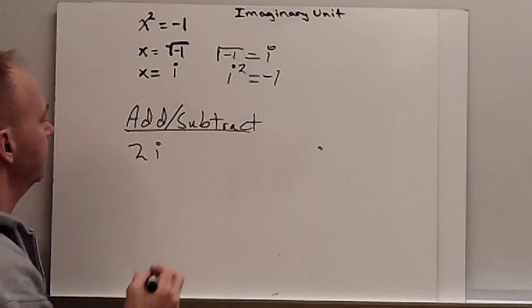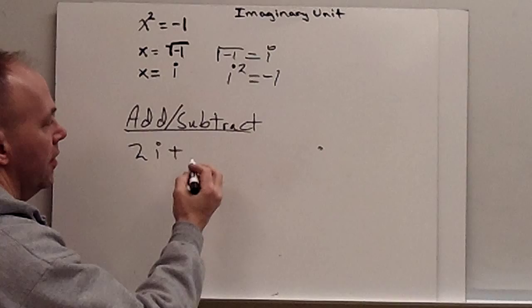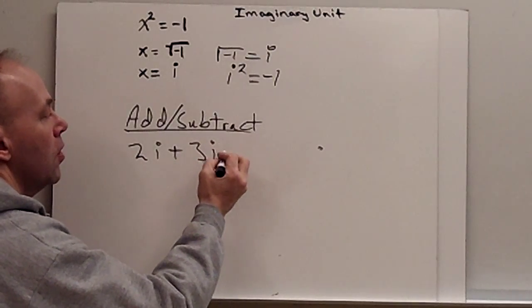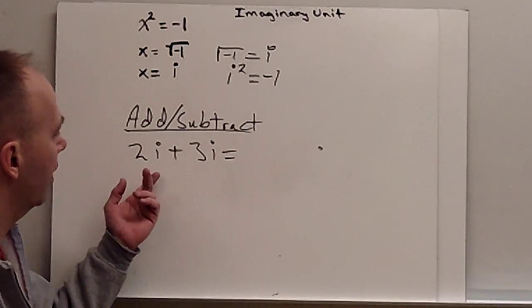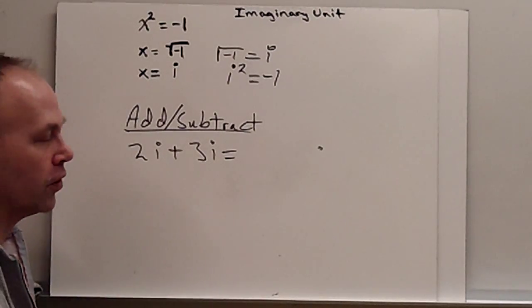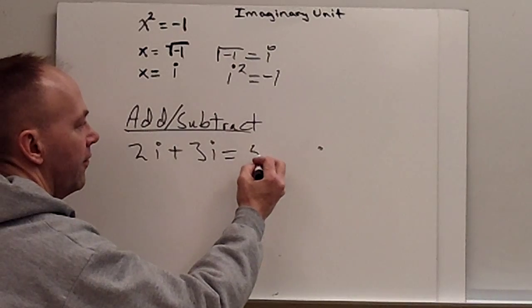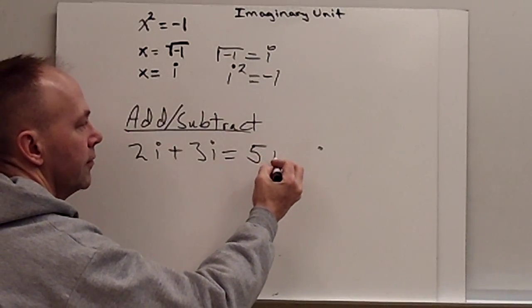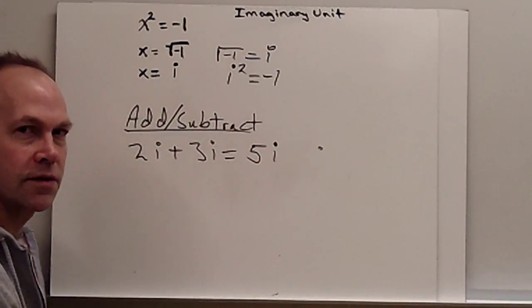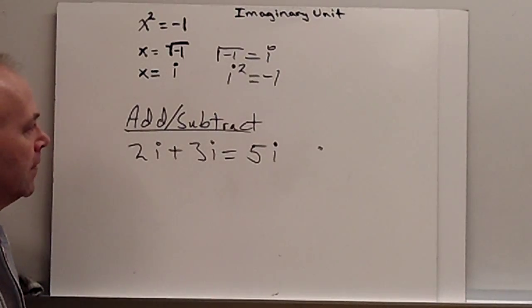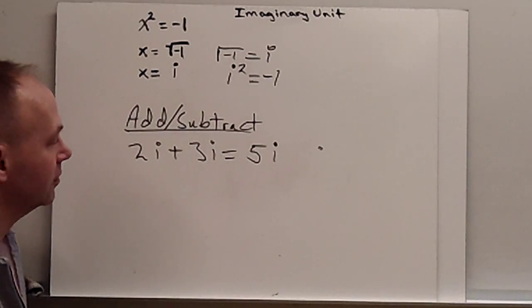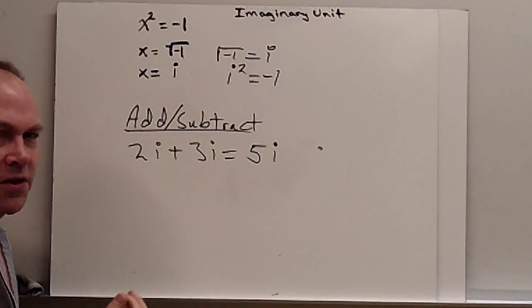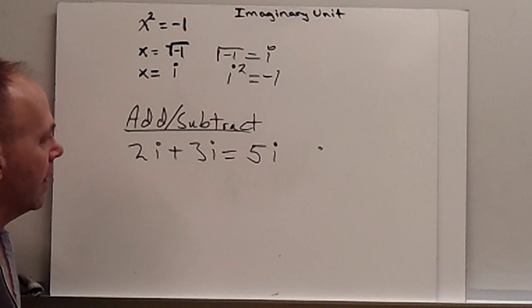If I have 2 i's, and I add 3 i's to it, what do I have? Well, it's like adding x's. I've got 2 x's, I get 3 more x's, I got 5 x's. I have 5 i's. Sounds kind of strange to say. So adding and subtracting with imaginary numbers is really pretty simple, just like adding and subtracting x's.